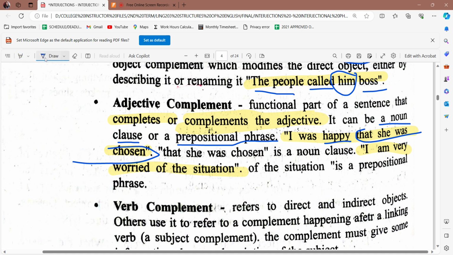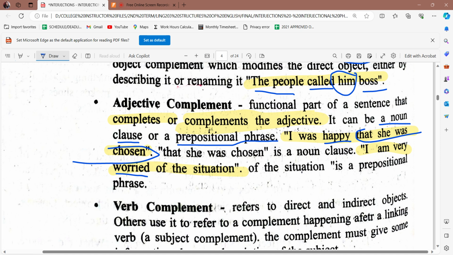Okay, here. I am very worried of the situation. Let's look for the word that describes the subject. Okay, the word worried. Since it describes the subject, this is our adjective.